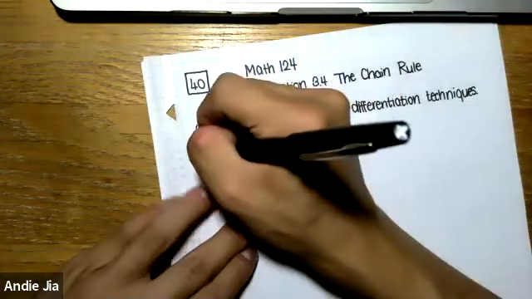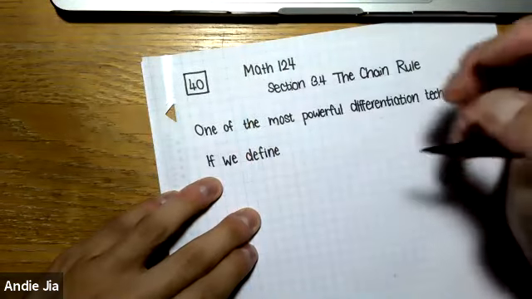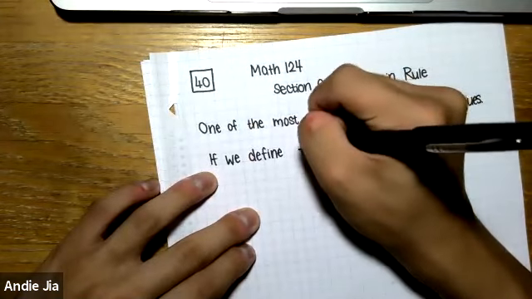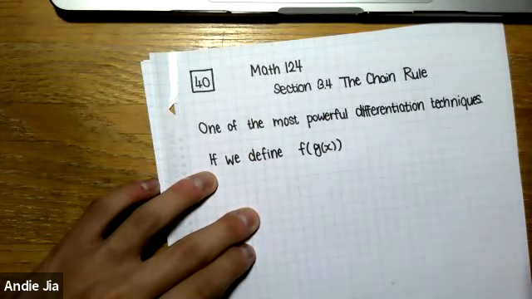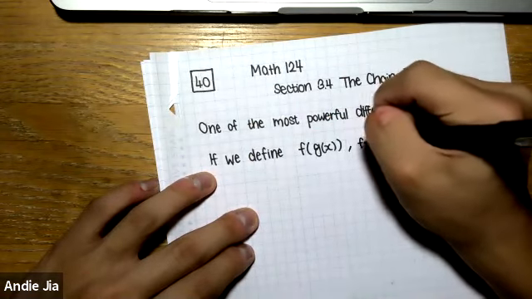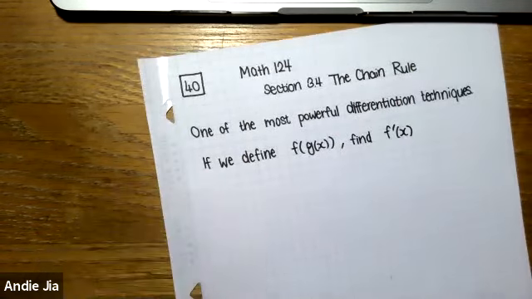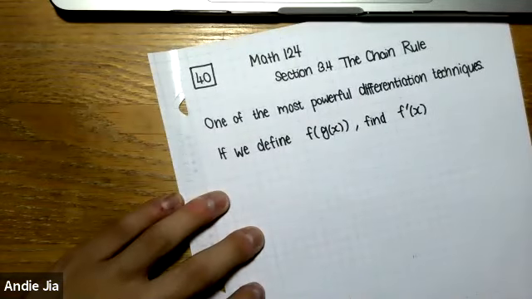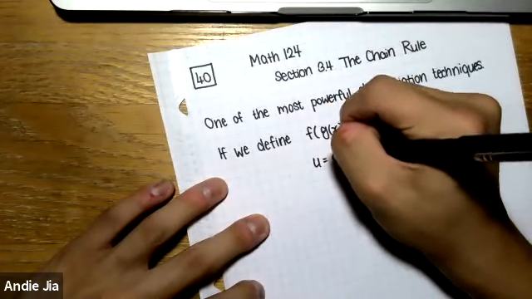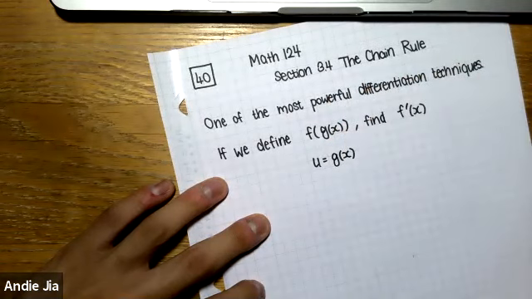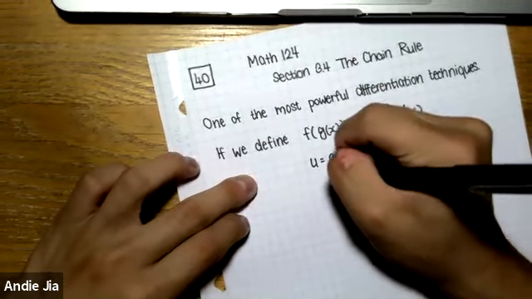If we define a function as f inside of a function g of x, f of g of x, and find f prime of x, then we need to let, for the chain rule, u equal g of x, and we compute f of u.